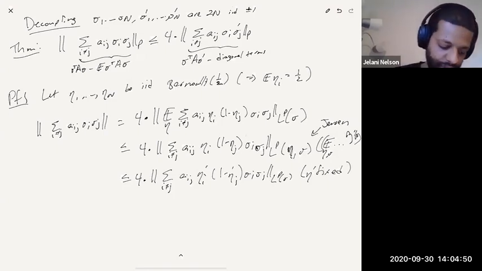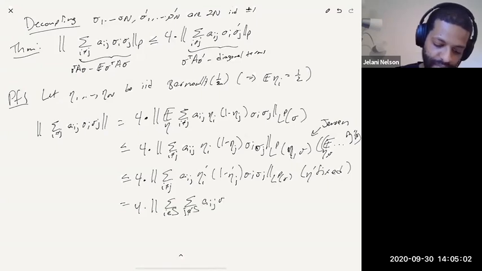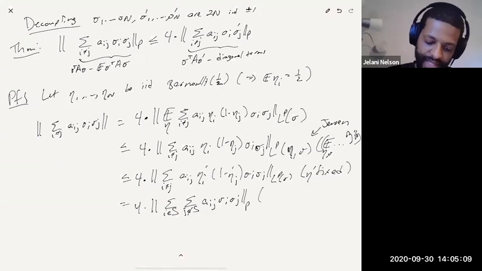And then now I can just write this as 4 times the norm of the sum I in S, the sum J not in S of Aij sigma I sigma J, LP norm, where I define S to be the set of all I such that eta I prime is 1.